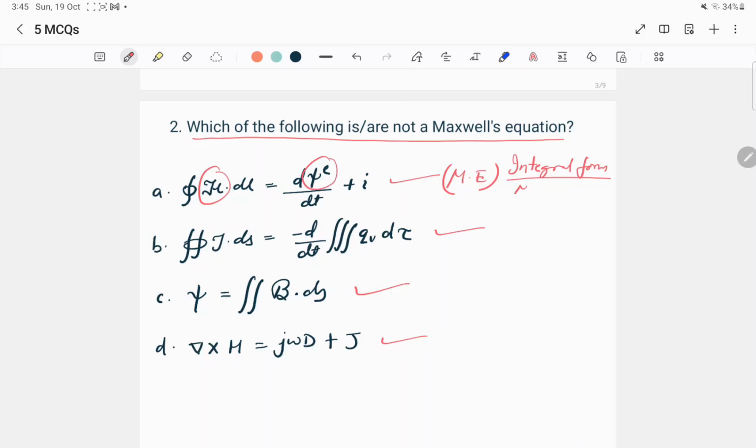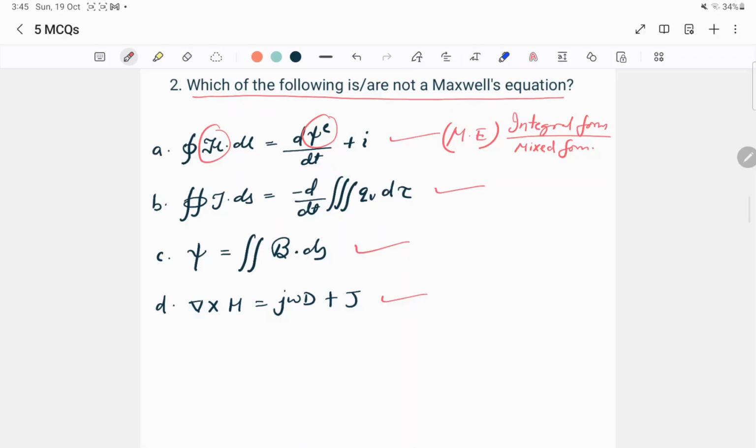This fourth one is also Ampere's circuital law, written in complex form. Why? Because the fields H, D and J are written in Roman letters. So this is also a Maxwell's equation.